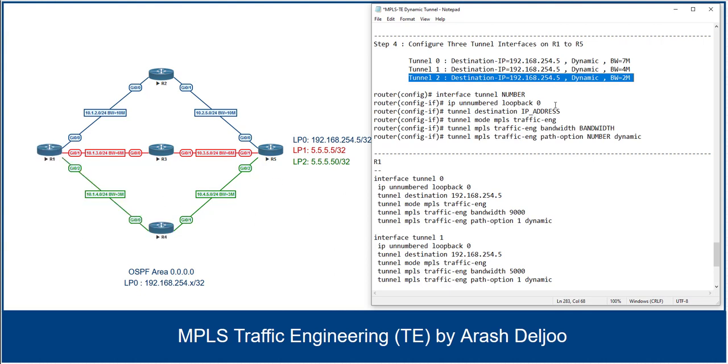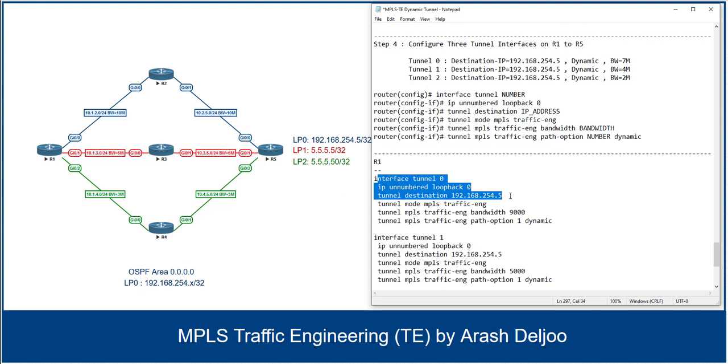Don't forget, in some more recent versions of IOS, only 75% of bandwidth can be used. For example, if you have 10 megabit per second of bandwidth, only 7.5 megabit per second can be reserved. It is possible.